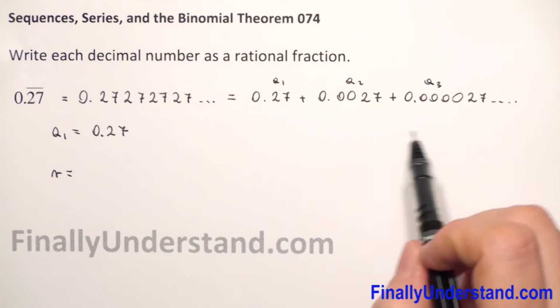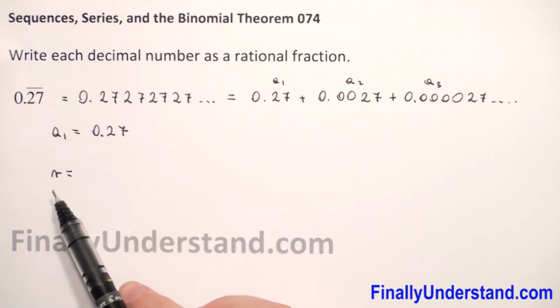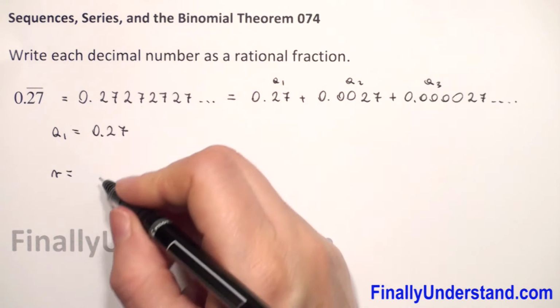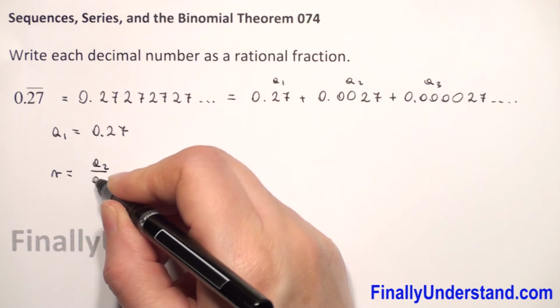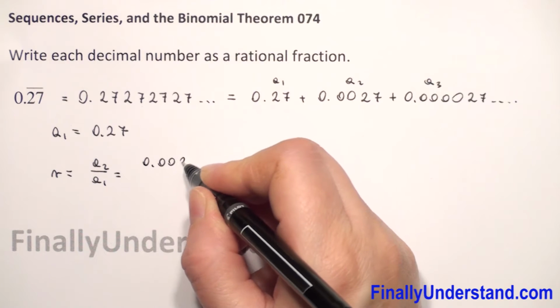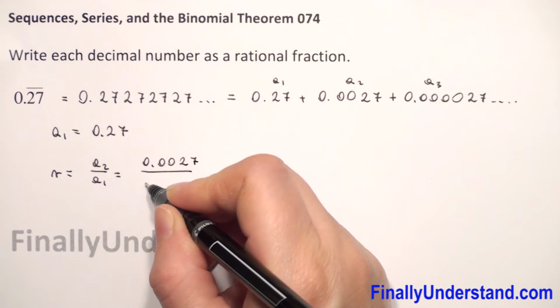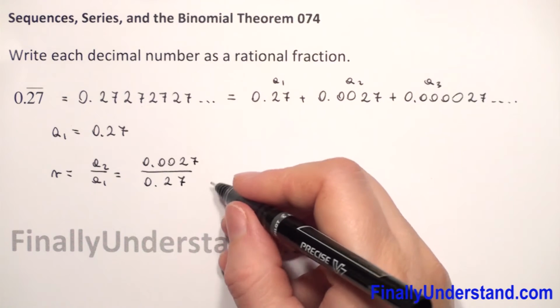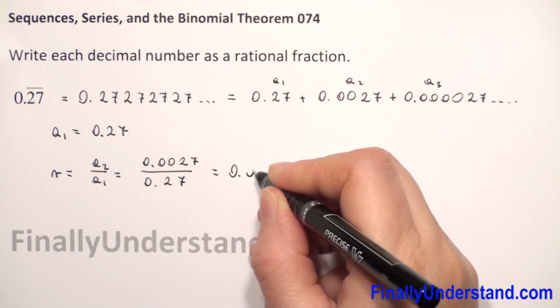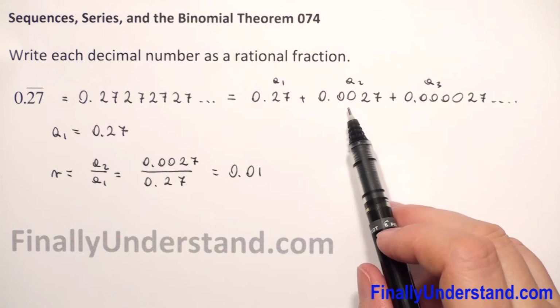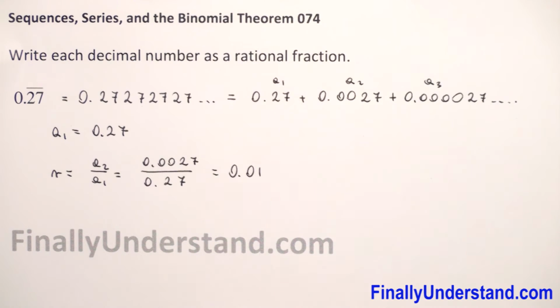Any two consecutive terms we can choose to calculate r, and we divide the second by the first. So a2 over a1 is 0.0027 over 0.27. So this is equal to 0.01. If you take a3 and a2, you will see that we have the same.